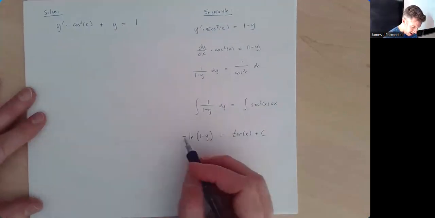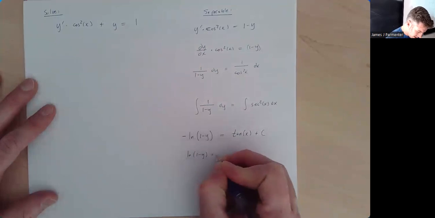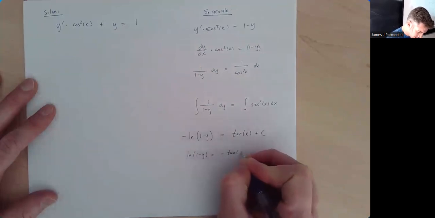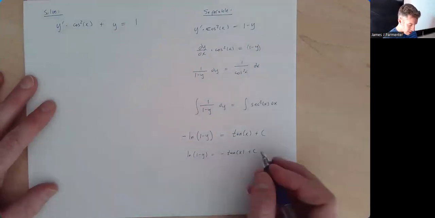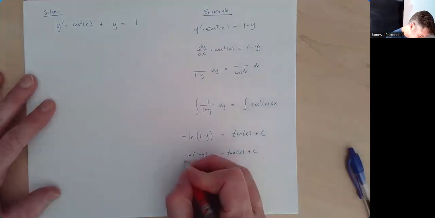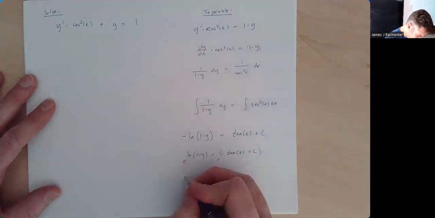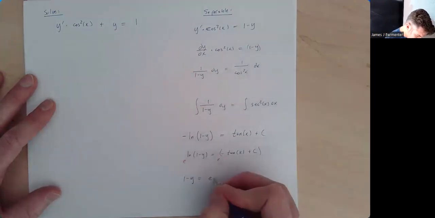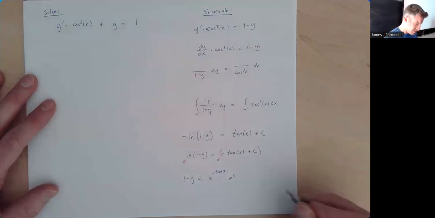Okay, we got to solve for Y, so put the negative over there. The natural log of 1 minus Y equals negative tangent of X, still plus a constant, because a constant times -1 is still a constant. E both sides. Then you have 1 minus Y equal to e to the negative tangent of X plus C, which is going to end up being times e to the C, which is going to end up being A. Right?